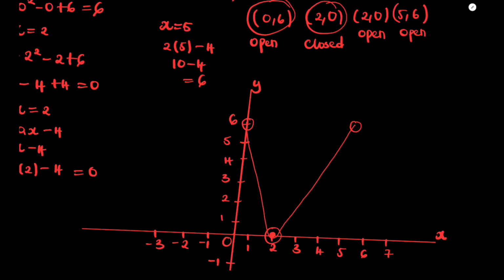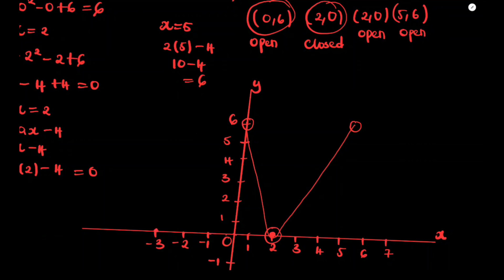Remember this is a periodic function, so it repeats every 5 units. So we are going to have this shape every 5 units. Let's see. We are going to extend the graph after 5 units. So this is 1, 2, 3, 4, 5.